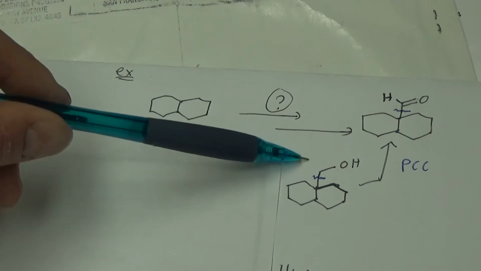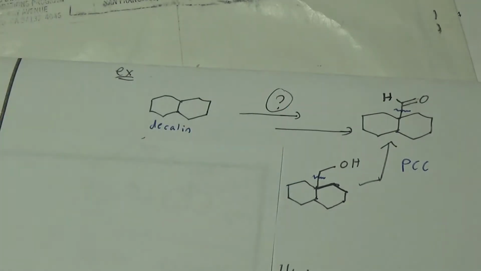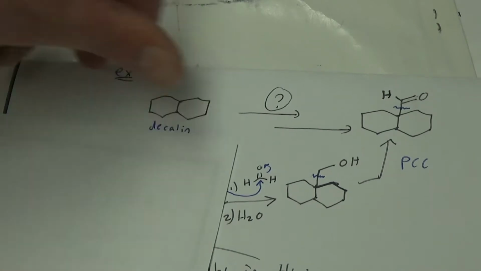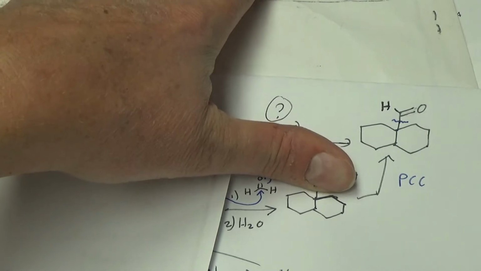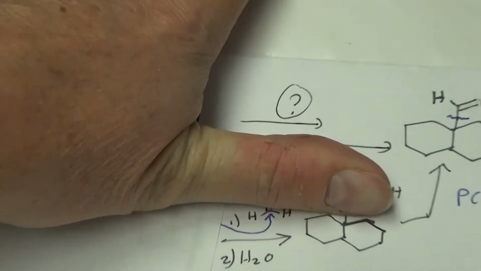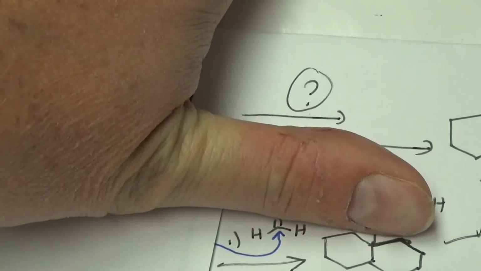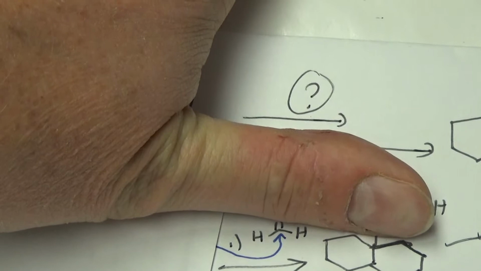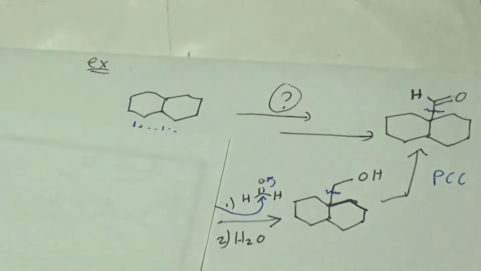And since that's a primary alcohol, we think, oh, it must be formaldehyde. So we react with formaldehyde. And what's the Grignard going to look like? The Grignard is going to look like that, with the MgBr hanging off the middle carbon right there. And that would be this.